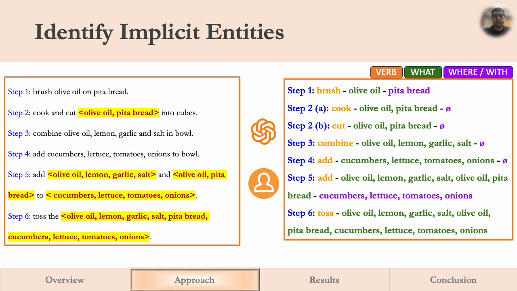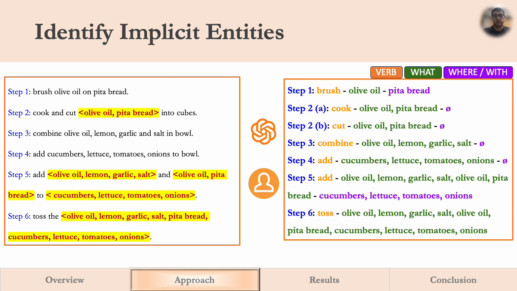In stage 2, we ask GPT-4o to convert these multi-step instructions with implicit information into simple instructions considering only a single verb and its corresponding semantic arguments. In the current work, we focus only on what and where arguments.